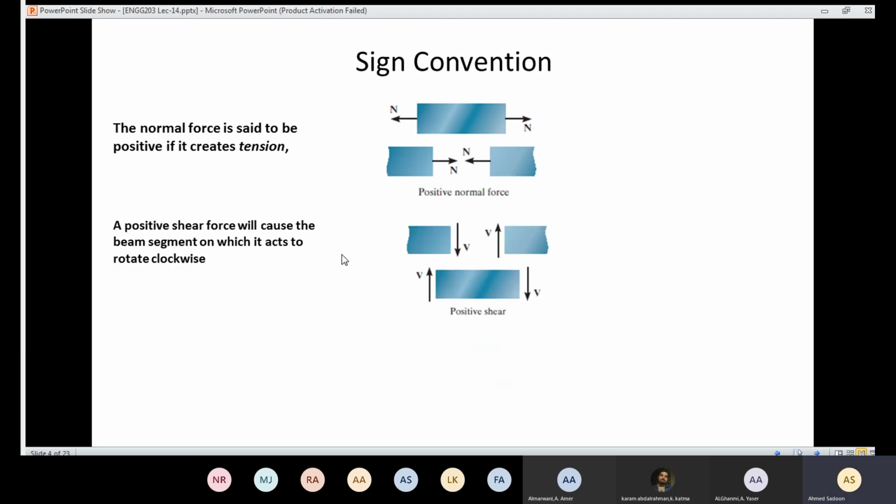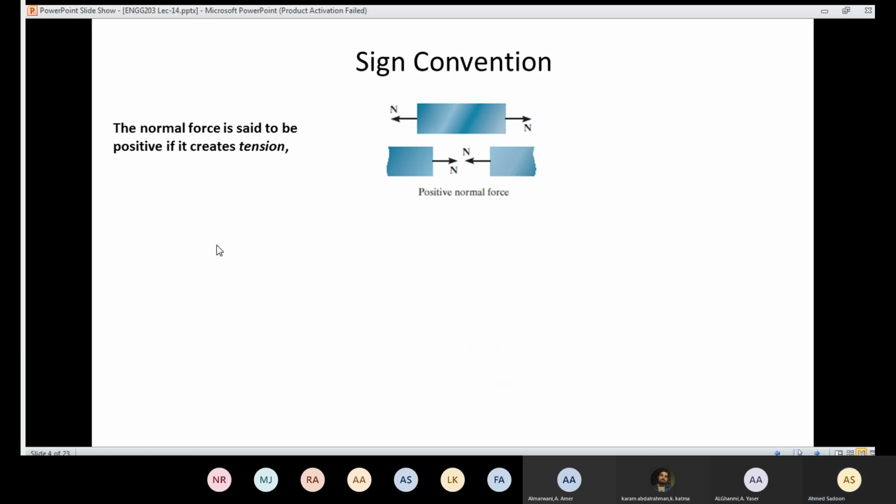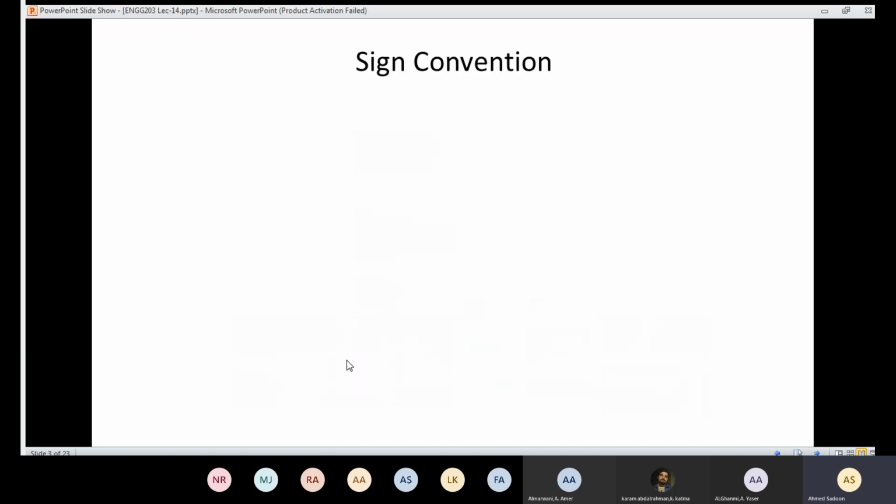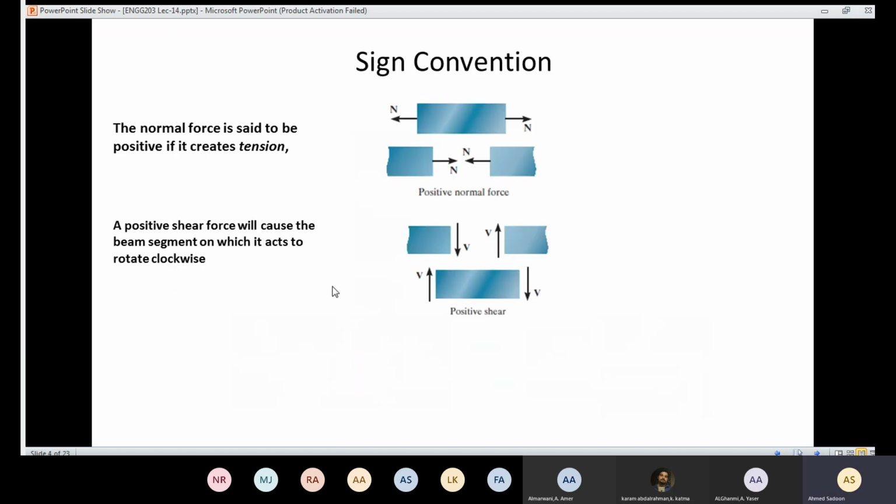And regarding the shear force, the force which is tangent to the section, we are going to assume that if I have a material like that, and the forces are like that and like that, and you are going to have a moment which rotates clockwise, in that case we are going to say that we have positive shear.